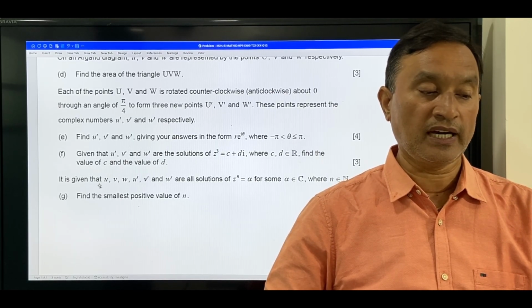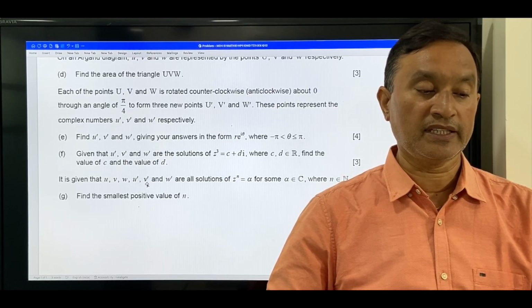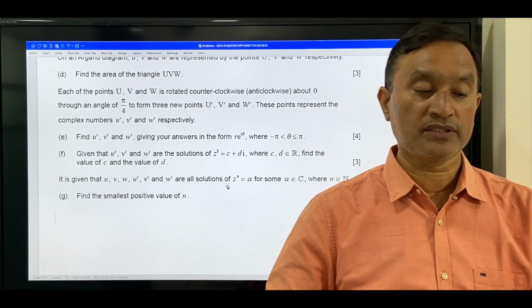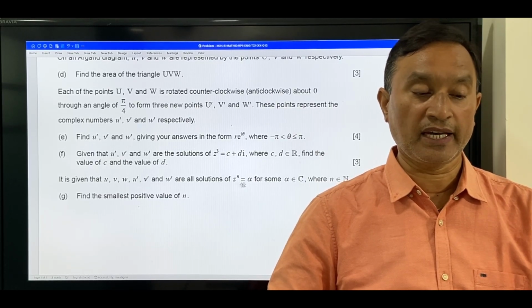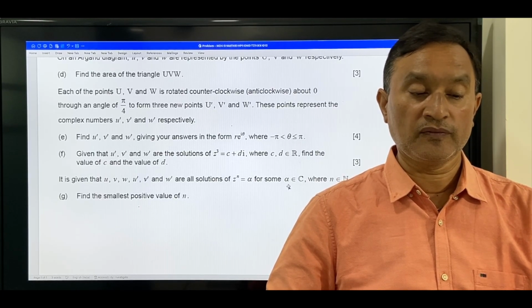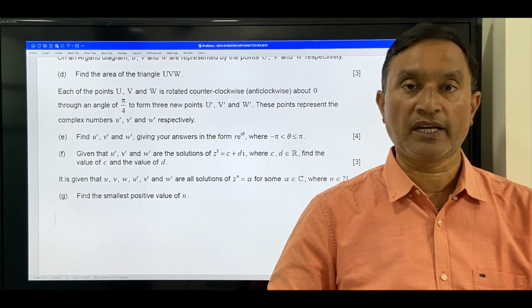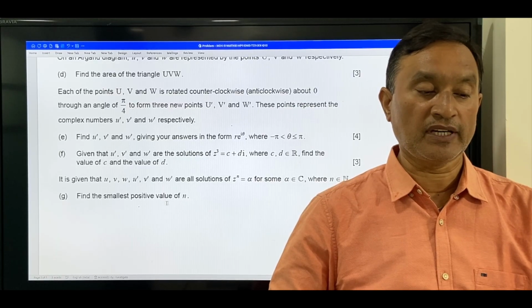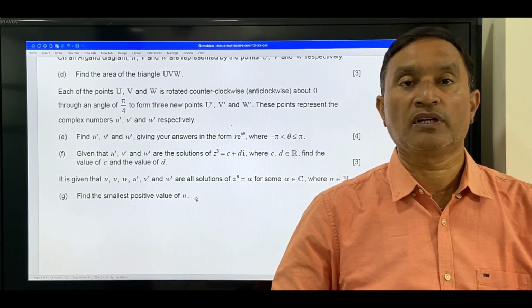It is given that u, v, w, u dash, v dash and w dash are all solutions of z power n equals alpha for some alpha belonging to C, where n belongs to capital N. Part G. Find the smallest positive value of n. Now the solution.